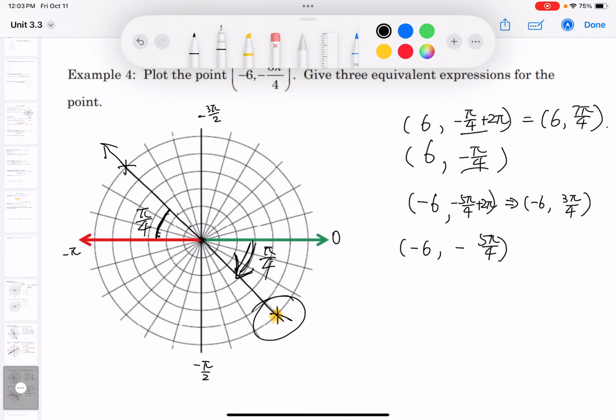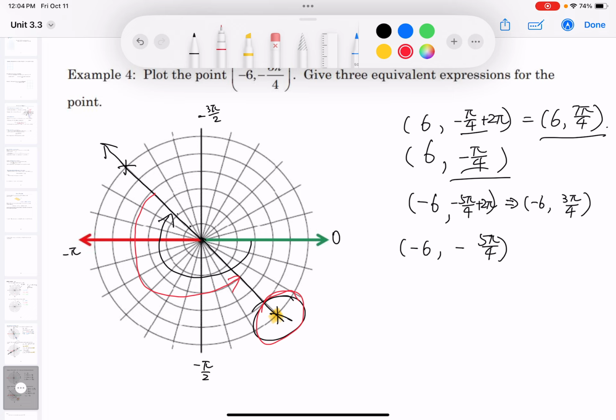How to use another method to find these two angle values? We have learned this angle is -5 pi over 4. How about the backward rotation? We're rotating backward by angle pi. So I got to the point here.